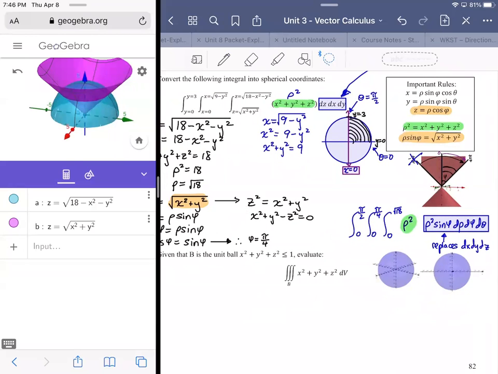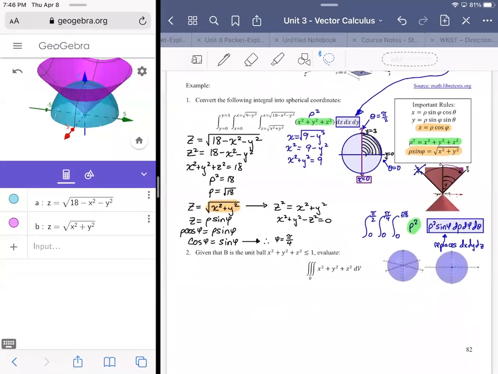Definitely a tricky concept, at least when you get started, but it gets more and more comfortable as you go. What I'd like you to do is try number 2 before next class. It's a much simpler version of this one.